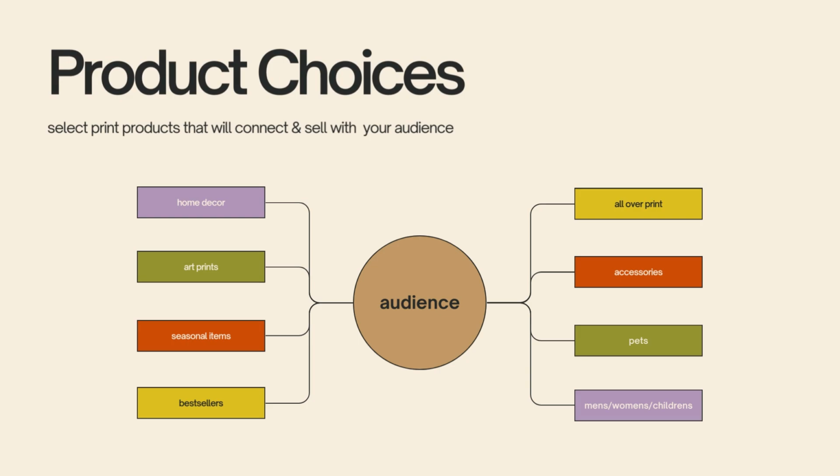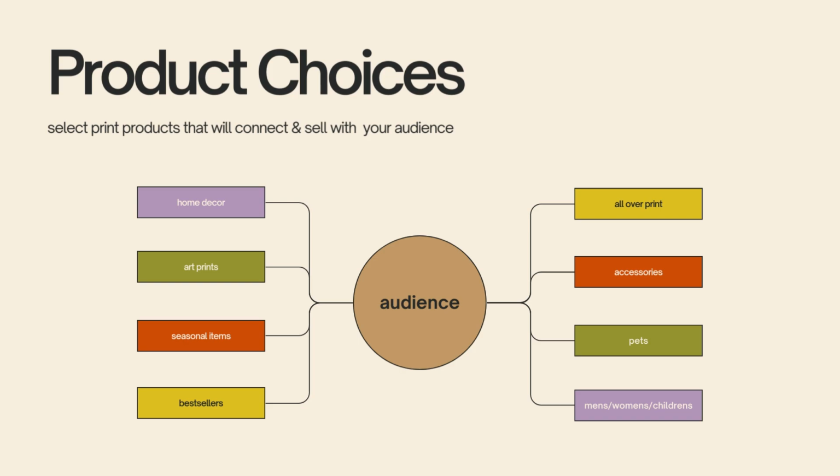So before I even start to design for the product, I like to select products and brainstorm ideas for products that would fit well for my niche audience. In the middle, we have our audience, and 8 key points that we might be brainstorming for products.